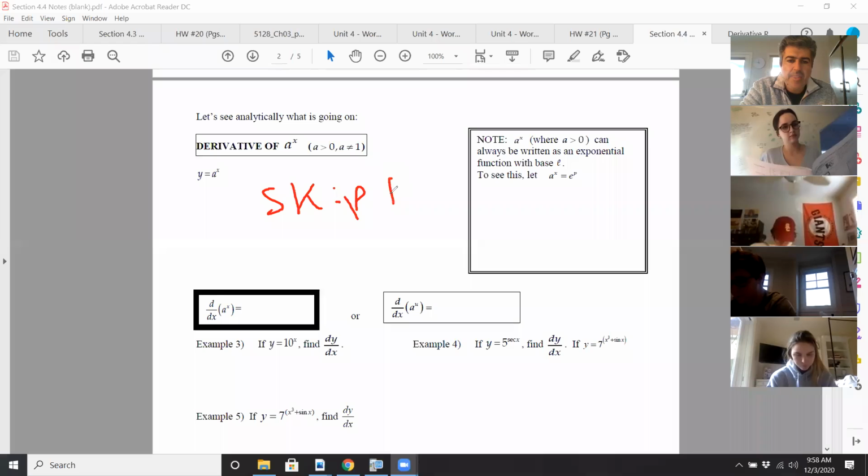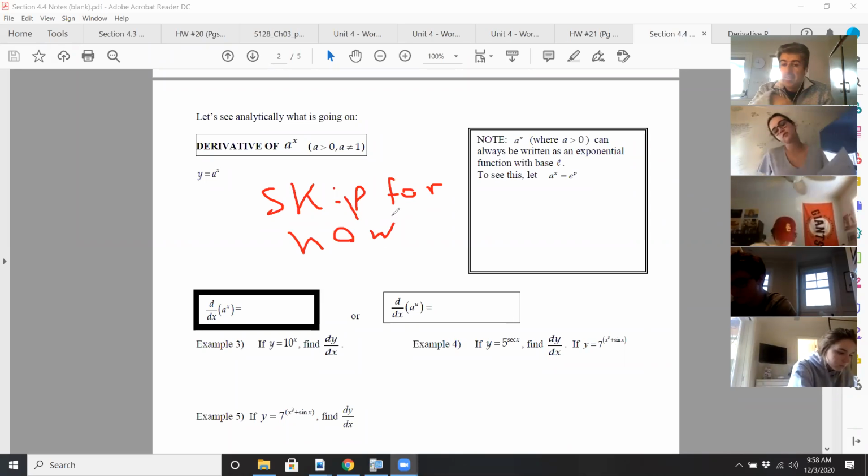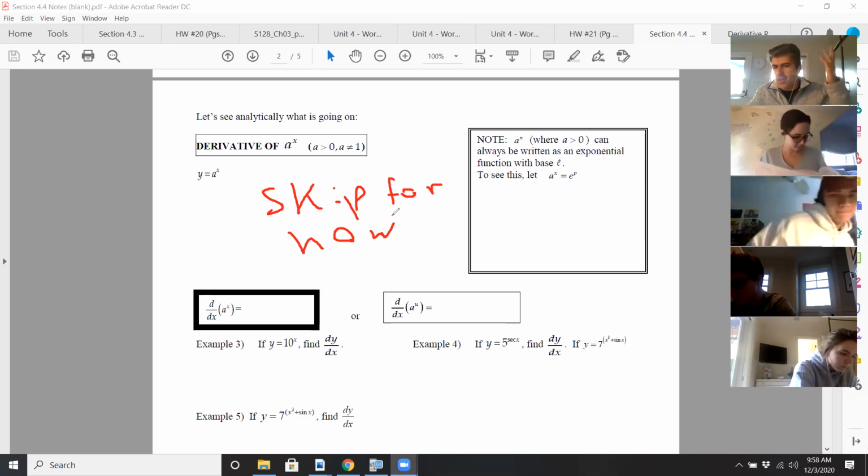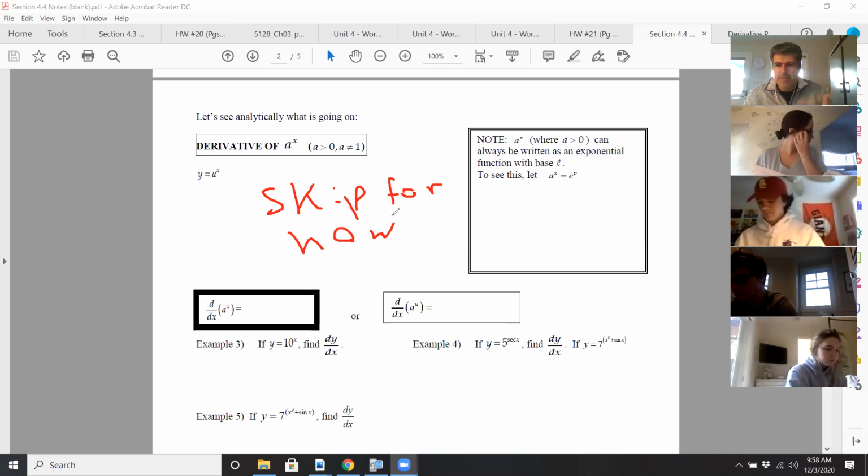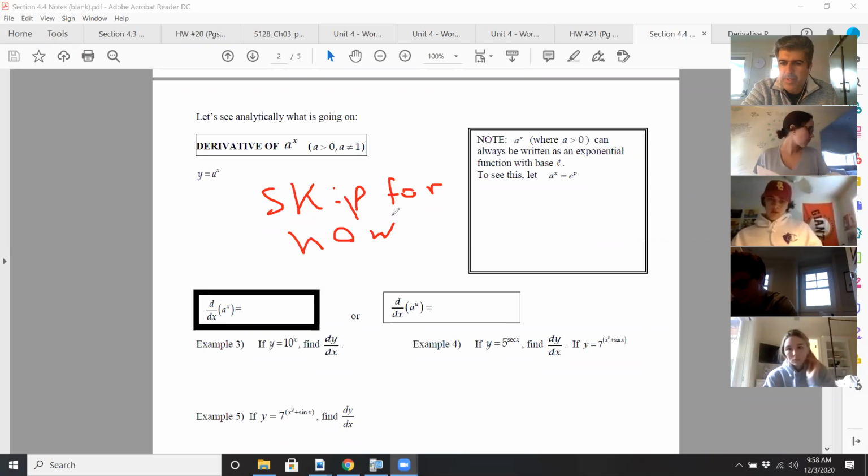It's a little bit mind-bending. I think it might help to actually do some problems with this first. We'll come do that proof later. It's a good proof. I love this proof a lot. It's not anything I'm going to assess you on, like, oh, here you have to do the proof on an AP Calc exam. They don't do proofs on AP exams either. But it's a cool proof. But we'll skip for now.